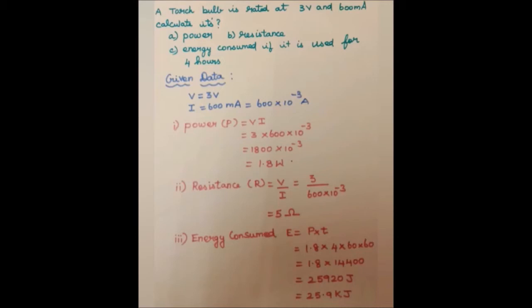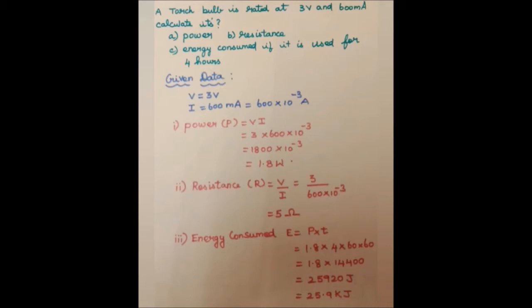Next, energy consumed. We know that energy consumed equal to power into time. In the question, power is not given, but we found the power value as 1.8 watt. Time is given in the question, that is 4 hours. You have to convert it into second. So 4 into 60 into 60. Here we convert 4 hours into second.